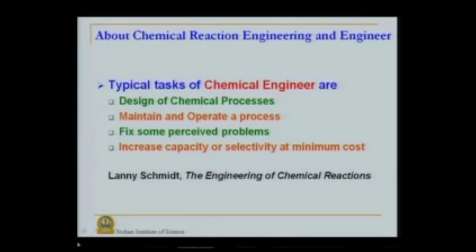Occasionally, there will be some troubleshooting required in the plant, and you have to fix the problems that arise. Although these three activities are important, increasingly you will be focusing on the last task, that is, increasing the capacity of the plant at the minimum cost.